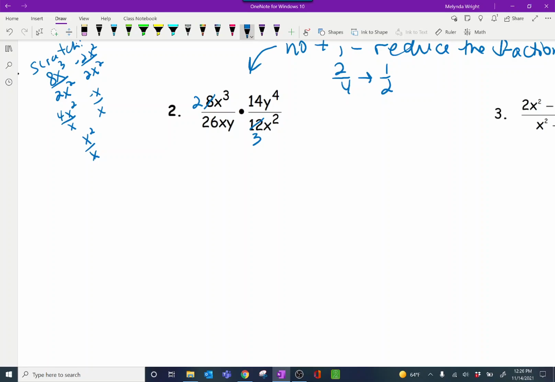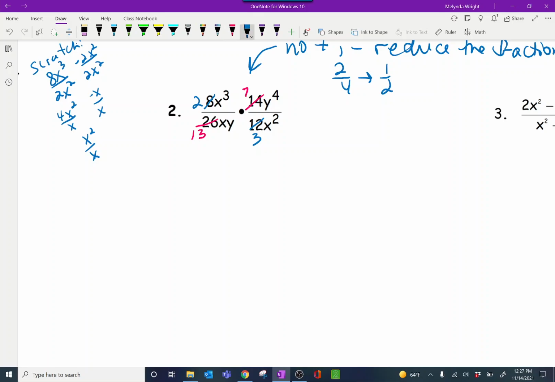That's the numbers. Let's see if we have any other common factors. Looks like 14 and 26 have a common factor of 2. 14 divided by 2 is 7. 26 divided by 2 is 13. And I don't have any more common factors.